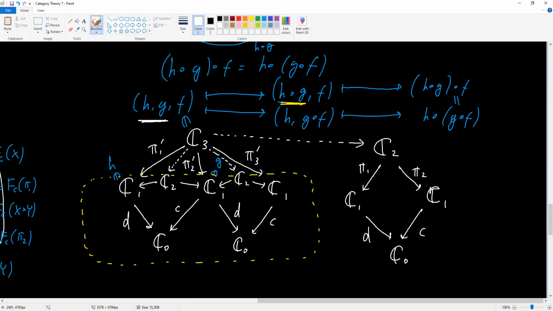Actually, I could have made my life a bit simpler and constructed this C3 as a pullback of these two morphisms. Let's actually do it that way so that we don't have to take a guess of what the pullback should have looked like. Sorry about that. But these two limits will turn out to be the same, even generally.